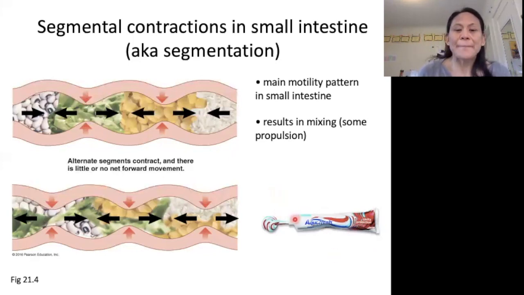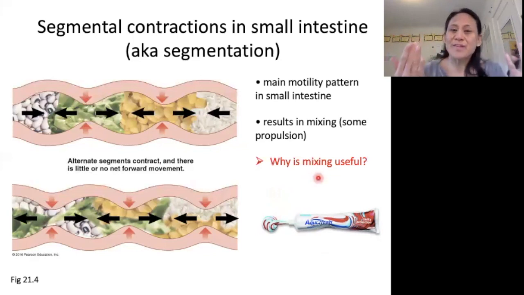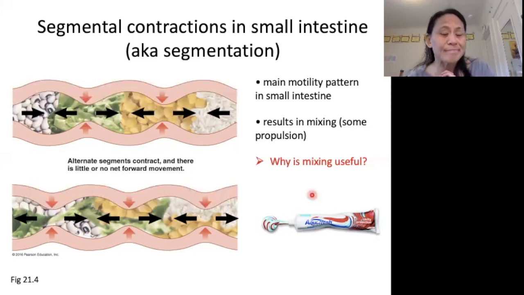Okay. But let's talk about this. Why would you want to mix? Why is it useful to mix up the food, the contents of the small intestine? Think about that for a second.